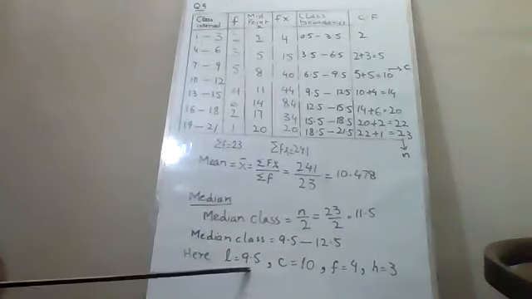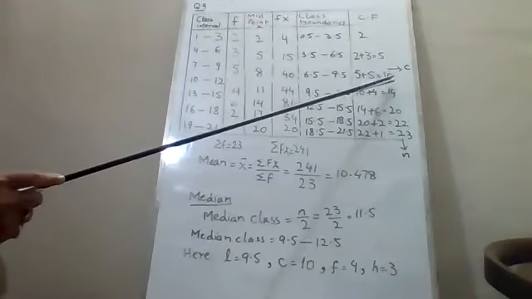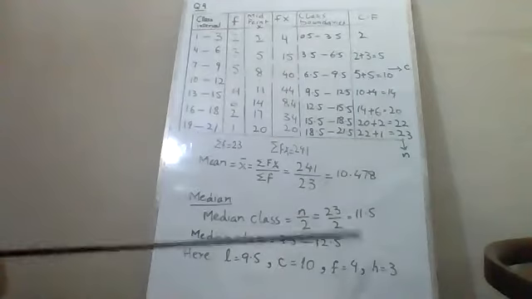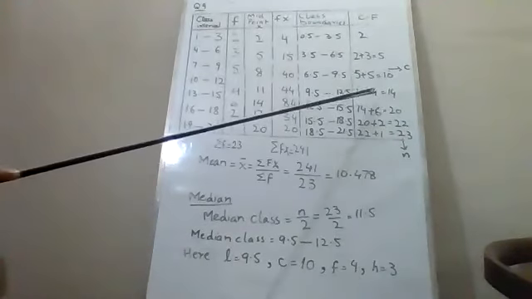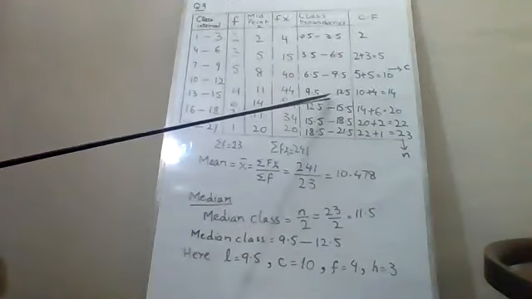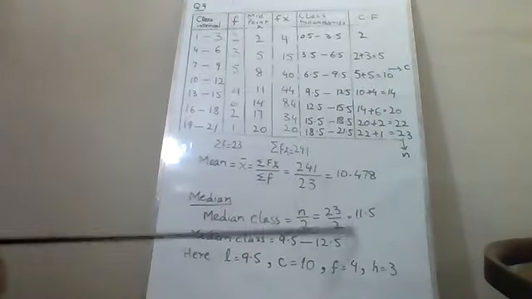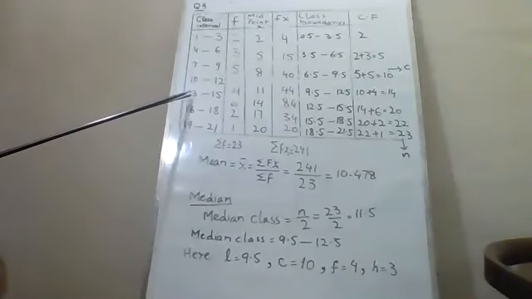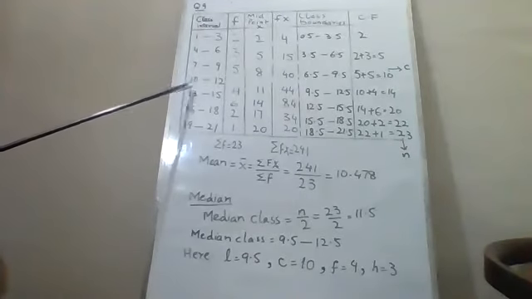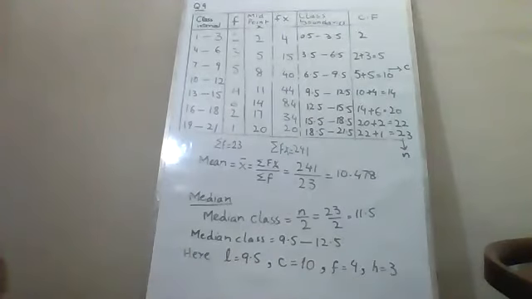It is 9.5. Cumulative frequency c is the number 10. Frequency f is 4. It is the same frequency which is present in this median class, which is 4. And h is the difference between 13 and 10. 13 minus 10, it is h, which is 3.